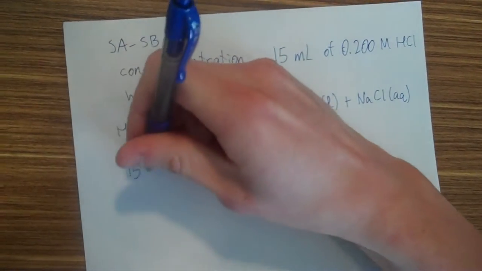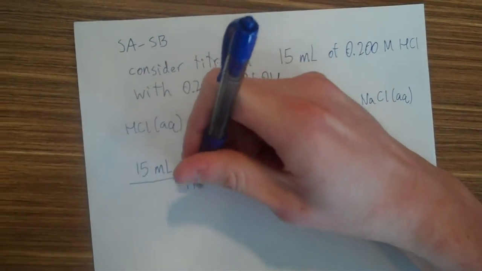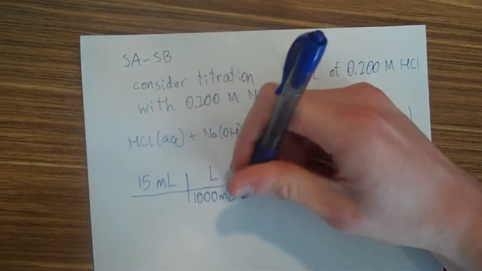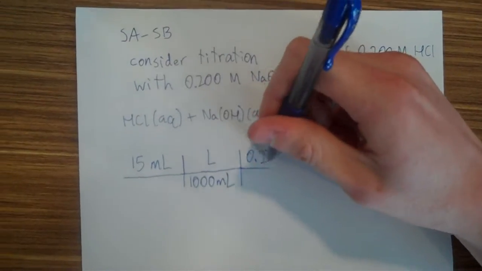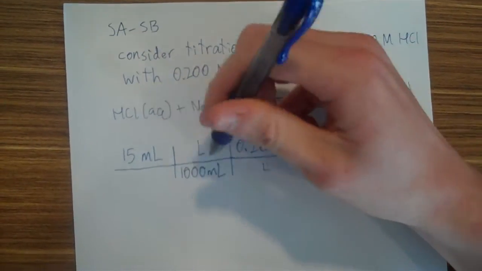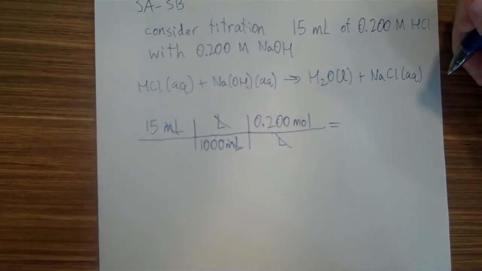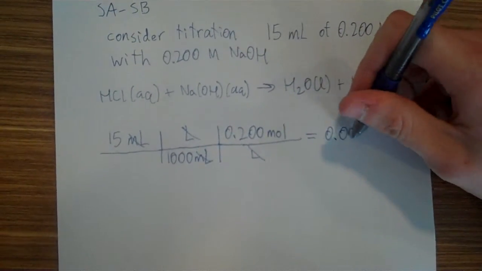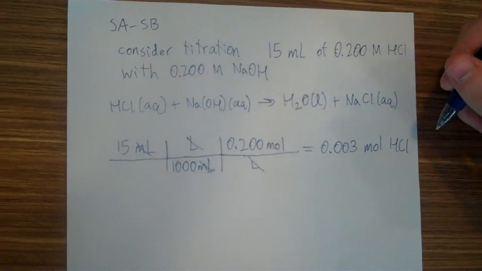So we'll start with 15 milliliters of our hydrochloric acid, and we'll convert this to liters and use our molarity to convert to moles. Units cancel, and we get a result of about 0.003 moles hydrochloric acid.